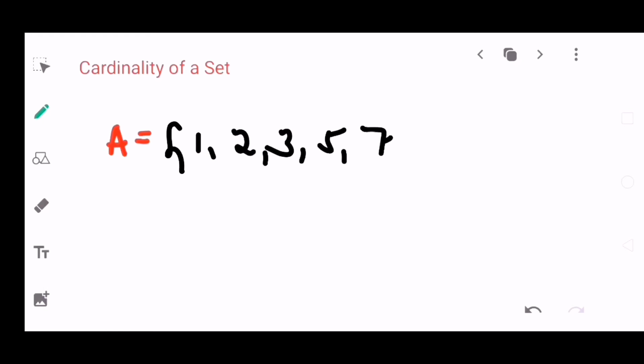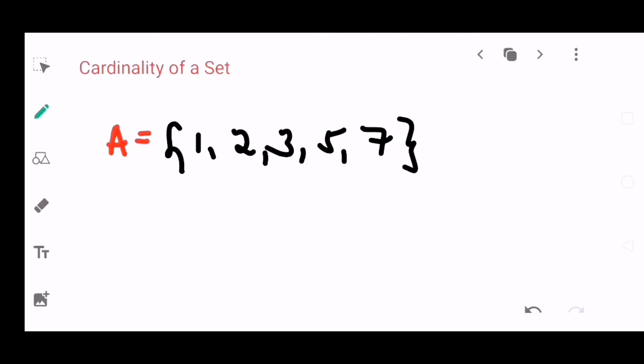Okay, now this time let's talk about another concept of sets, which is named the cardinality of a set. How do we identify the cardinality of a set? Let's say, for example, we have a set A, which is the set containing 1, 2, 3, 5, 7.